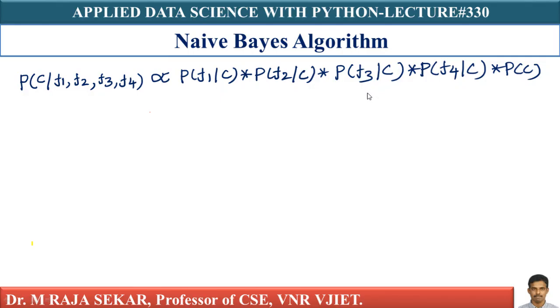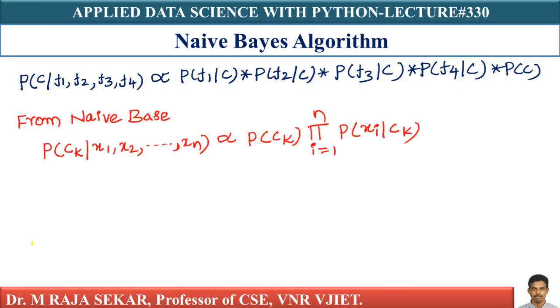This is what we saw at the end of lecture number 229. From Naive Bayes, we derived the probability of Ck given x1, x2, so on xn. These x1, x2, xn are known as features, f1, f2, f3, f4. The probability of Ck is proportional to the probability of Ck into the product of p of xi given Ck for i equal to 1 to n.